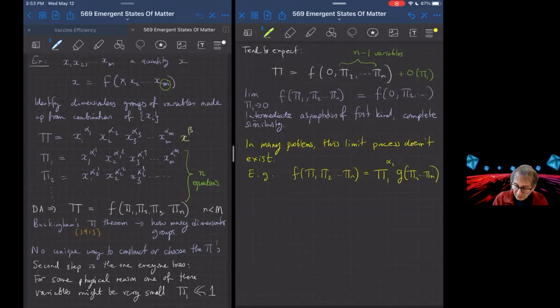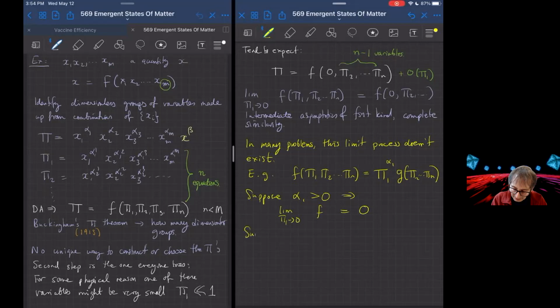So let's suppose that alpha 1 were positive, then that means that this limit as pi1 goes to 0 of f is actually just going to go to 0, which is absolutely no use at all.